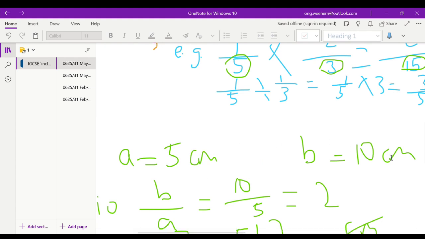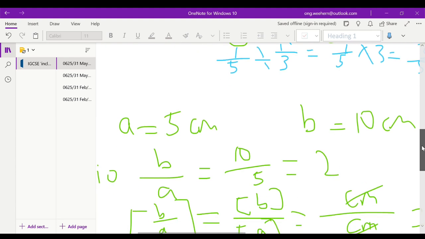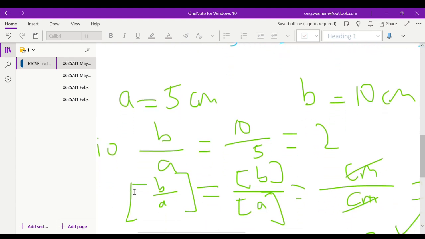For the numerical calculation, we have 10 over 5. Substituting in the relevant values, 10 over 5 equals 2. Then unit-wise, the unit of B over A is equal to the units of B over the units of A. Then we substitute in the units for B and A, and we have cm over cm.